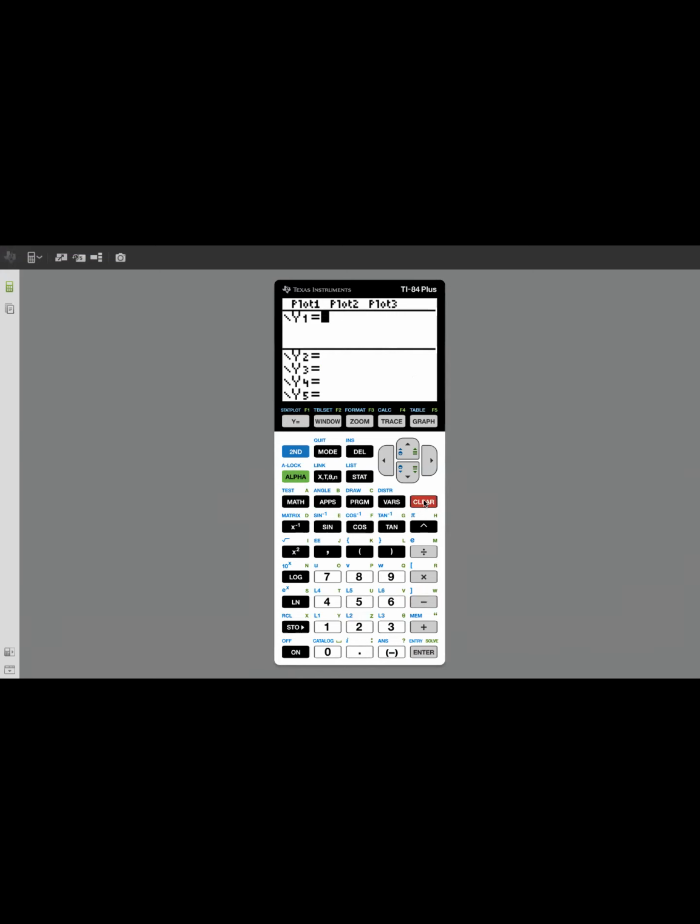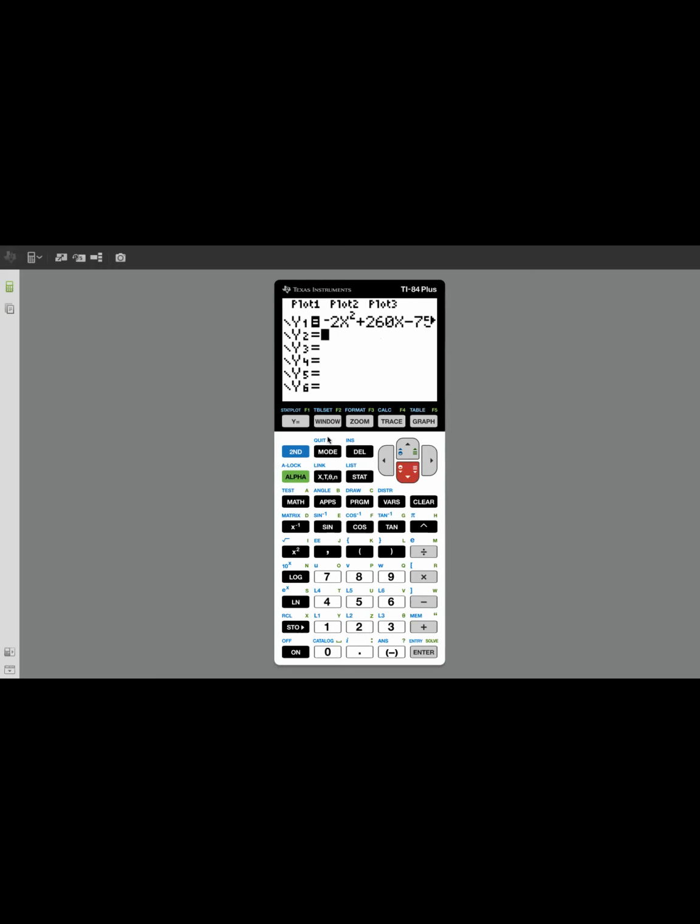So negative 2x squared plus 260x minus 7,500, because that was the original function. This function just represents the profit. This is the original profit function.